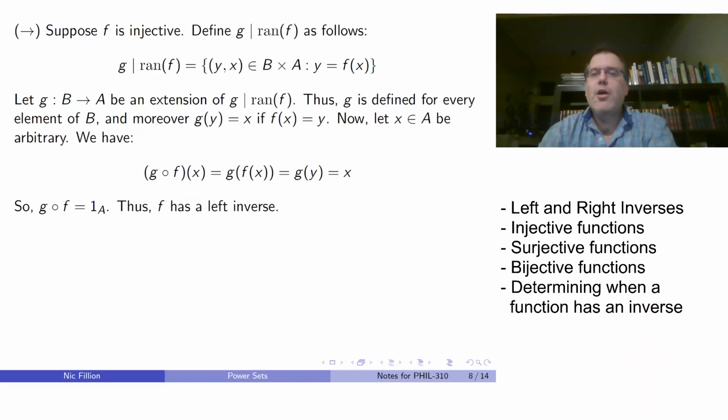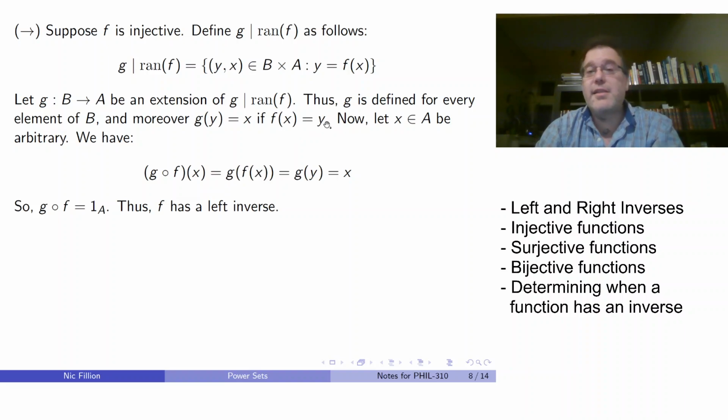So now we're going to take just any object x in the domain of the function f, and we're going to apply the composite g of f, right? Because we're building g to be a left inverse. So we see that g after f of x is, by the definition of composition, g of f of x.